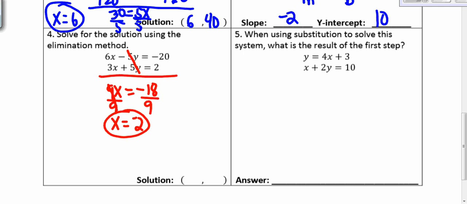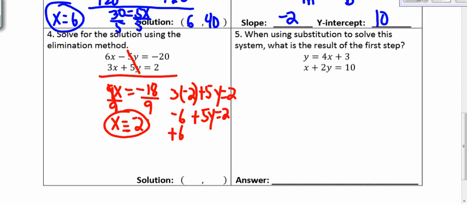Once you get the x, again, you have to substitute, and I am going to pick the bottom equation. It doesn't matter which equation you pick, it's just whatever you feel is easier. Plus 5y equals 2. So I'm going to substitute that x in for the x in the equation. So I have negative 6 plus 5y equals 2.